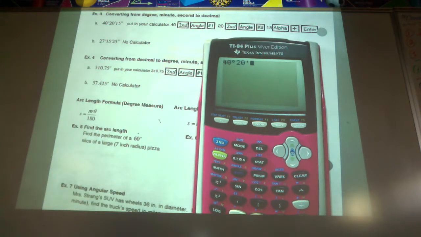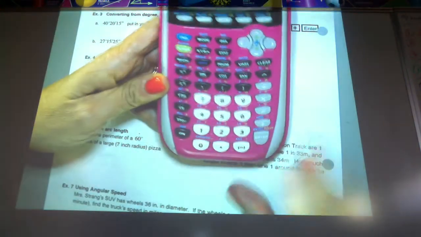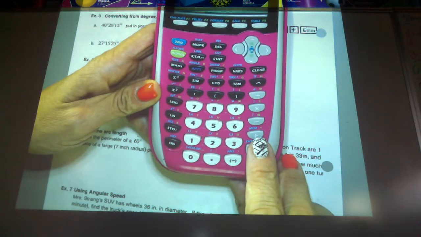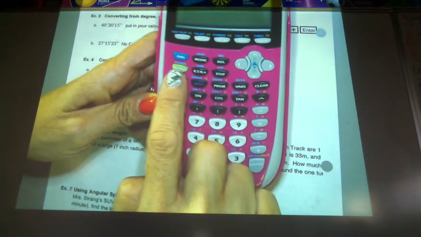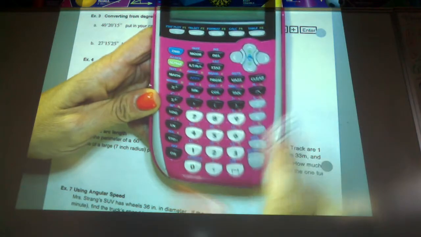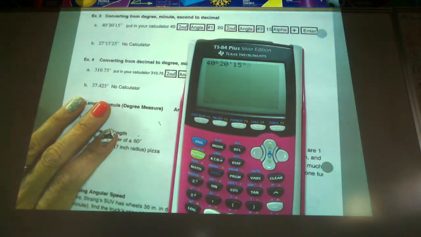But we also have to put minutes in. Oddly enough, and I was not in charge of the TI calculator, they threw minutes in all the way down here above your plus button. And notice that it's in green, not blue. That means you have to use the alpha key to get to that green. So we're going to press our alpha and plus to get to our minutes.